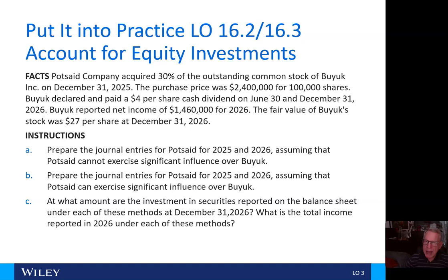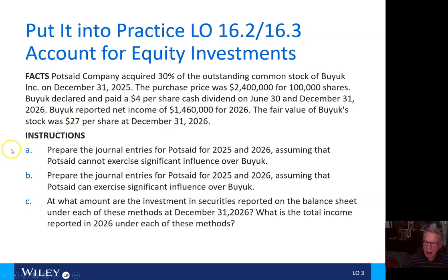II-Chapt declared and paid a $4 per share cash dividend on June 30th and December 31st, 2026. II-Chapt reported net income of $1,460,000 for 2026. The fair value of II-Chapt's stock was $27 per share at December 31, 2026.